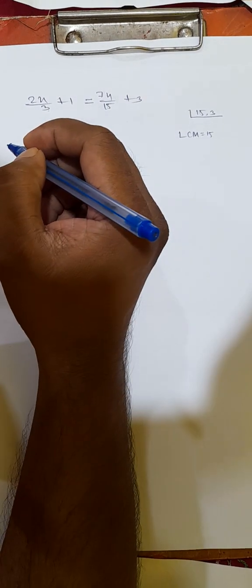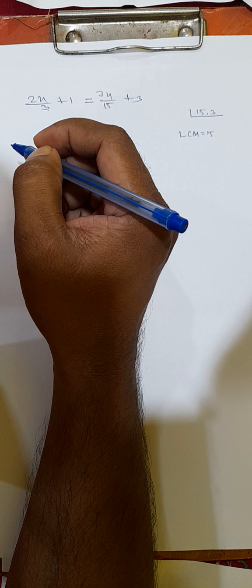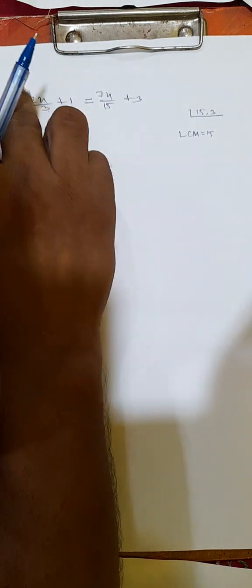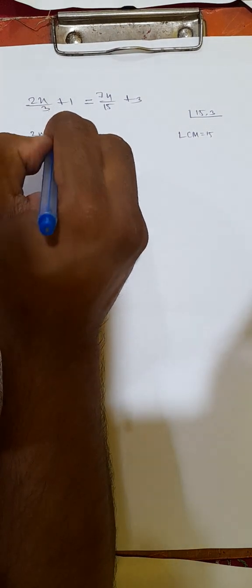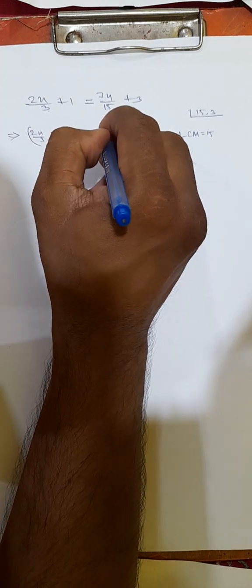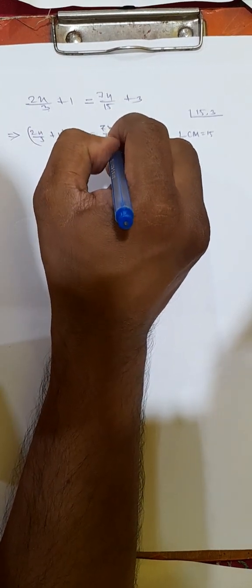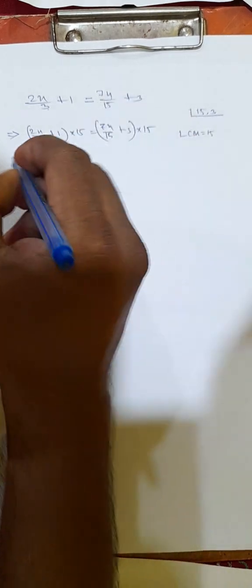We have already discussed that multiplying the same number on both sides of the equation will not alter the solution. So we'll multiply 15 on both sides. So this implies (2x divided by 3 plus 1) multiplied by 15 equal to (7x divided by 15 plus 3) multiplied by 15.